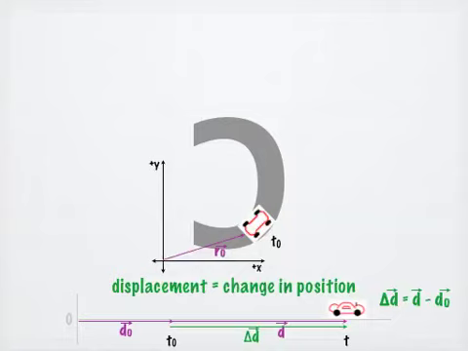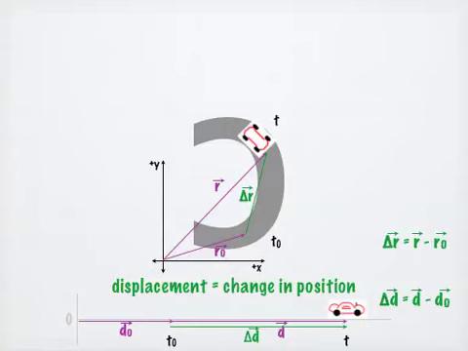Later, at time t, our car is at this position, which we give by the vector r. The displacement of our car is now given by this vector, delta r, which shows the change in its position from time t0 to time t. Just as in one-dimensional displacement, delta r is the difference between the vectors r and r0.